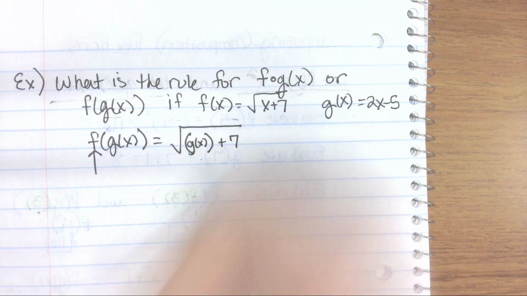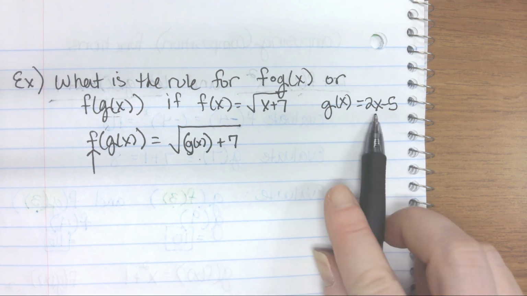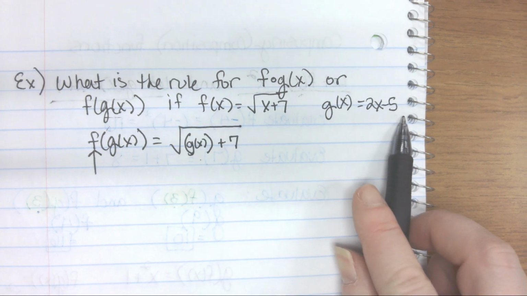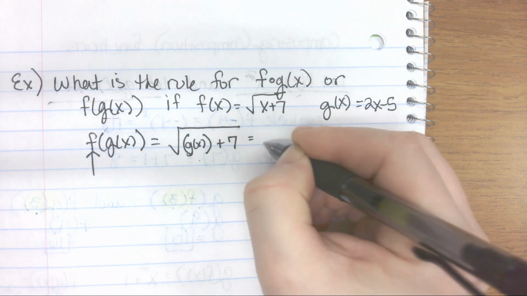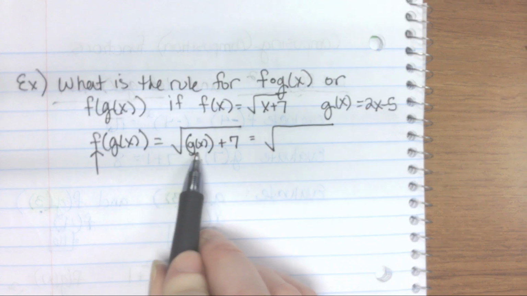Now I'm going to write that the first time, but I'm never going to write it again, because all of us can see hopefully what g of x is. What is g of x? It's 2x minus 5. So my new function would be the square root of, I'm going to put all of g of x in there.